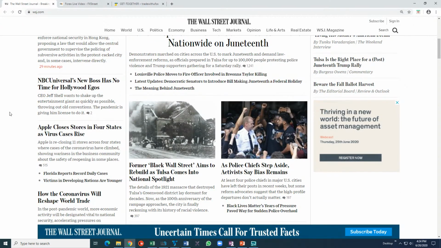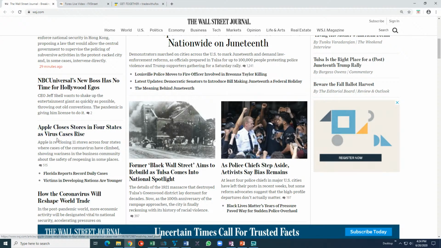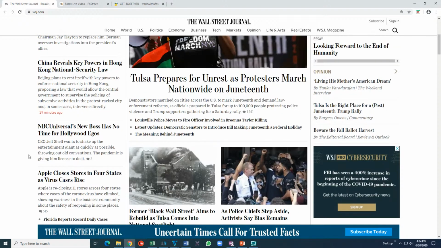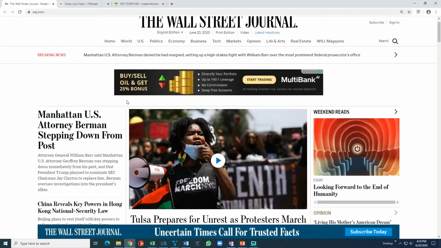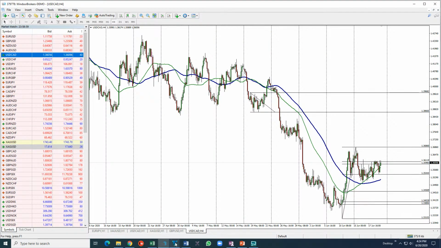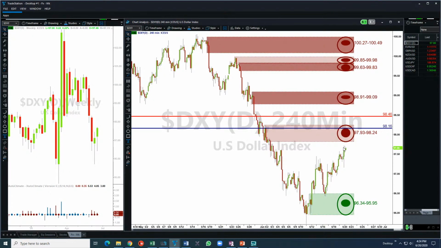For example, on Friday we had a new headline saying Apple closes stores in 4 states as virus cases rise. Now again, this did affect the stock market or the equity markets more than the currency markets, but very likely that over the weekend we get some more significant headlines, which in turn lead to a little bit of a gap up and down.